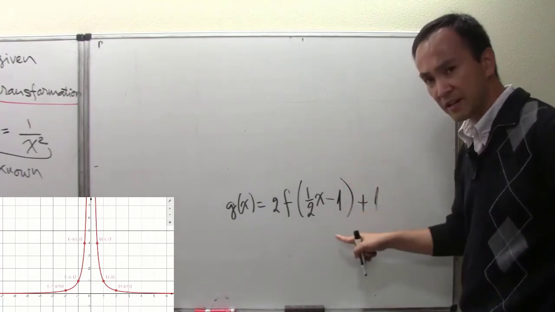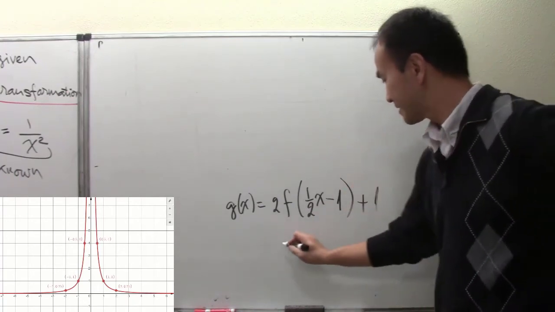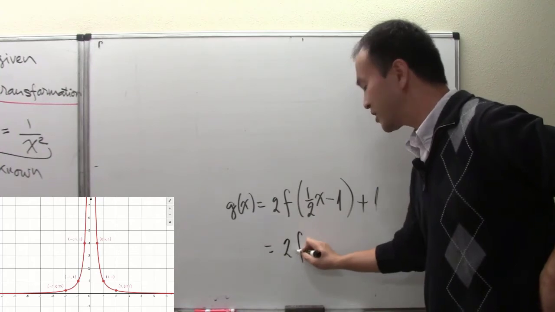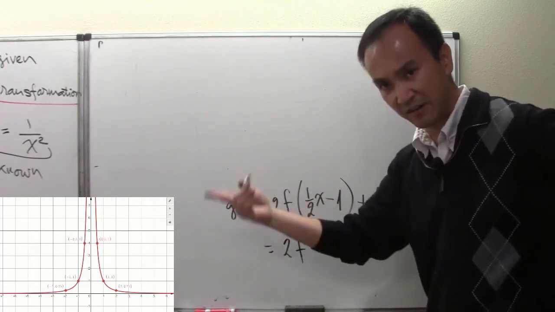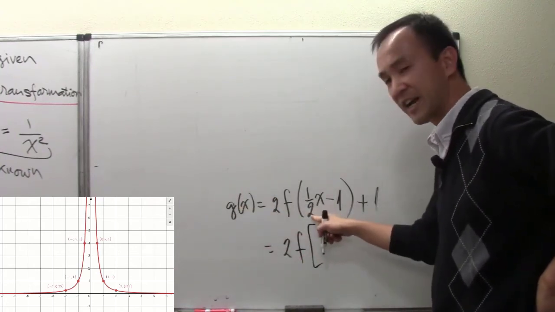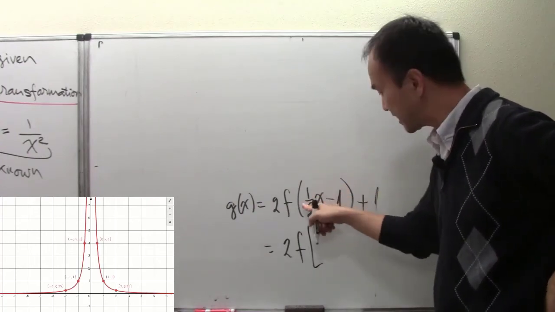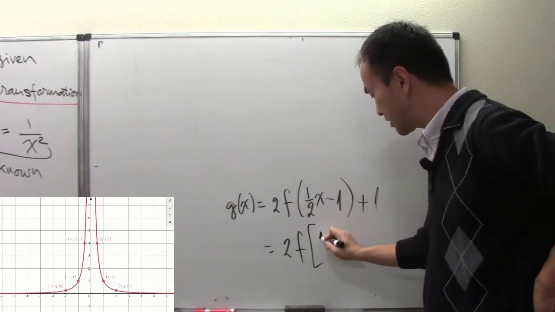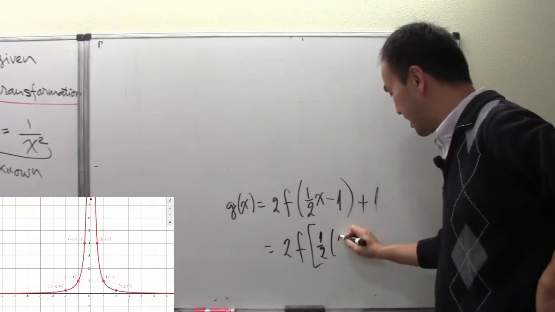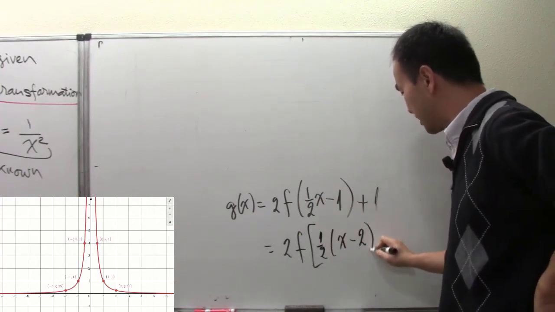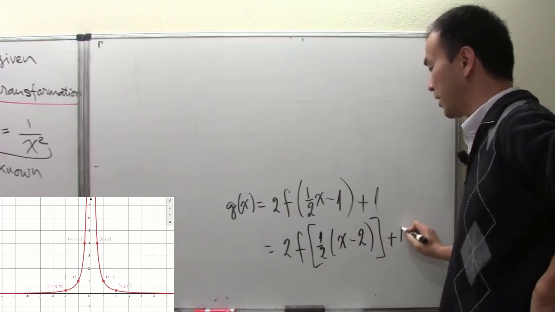So to better assist us, in this style of how I'm approaching it, let's factor out that 1/2 coefficient of the linear expression inside our parent function. Okay, so there's a 1/2, and then there's an x minus 2 here actually, and plus 1.